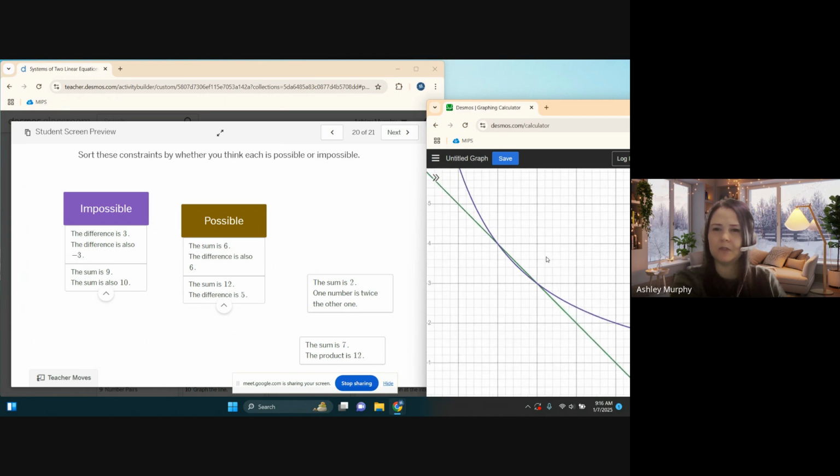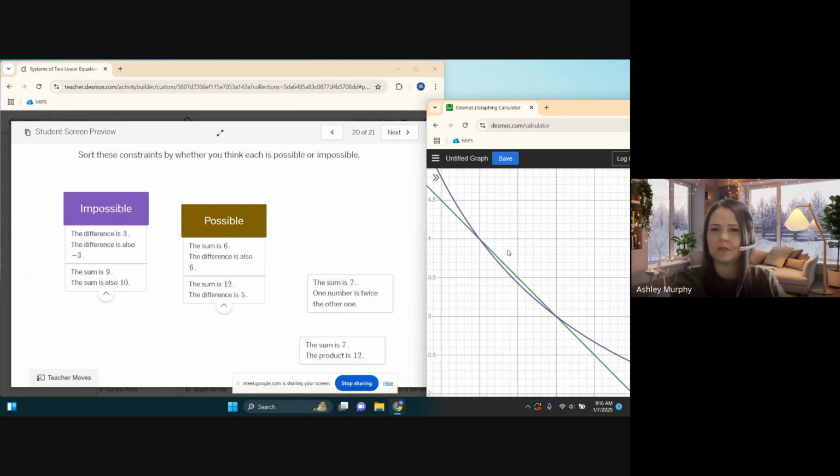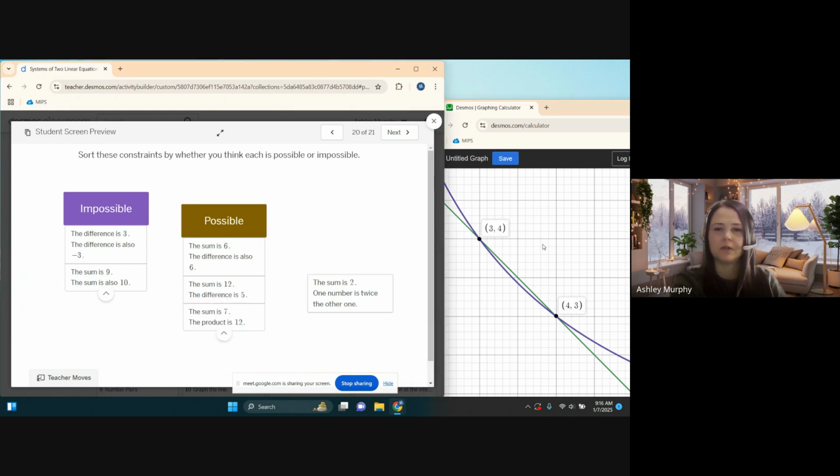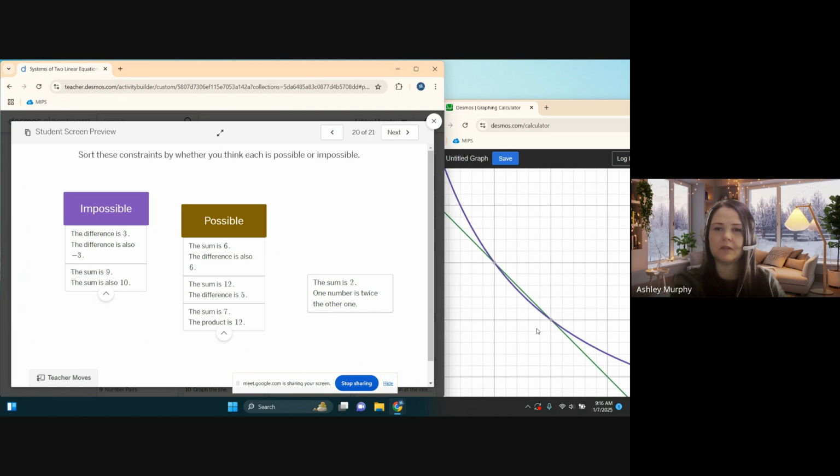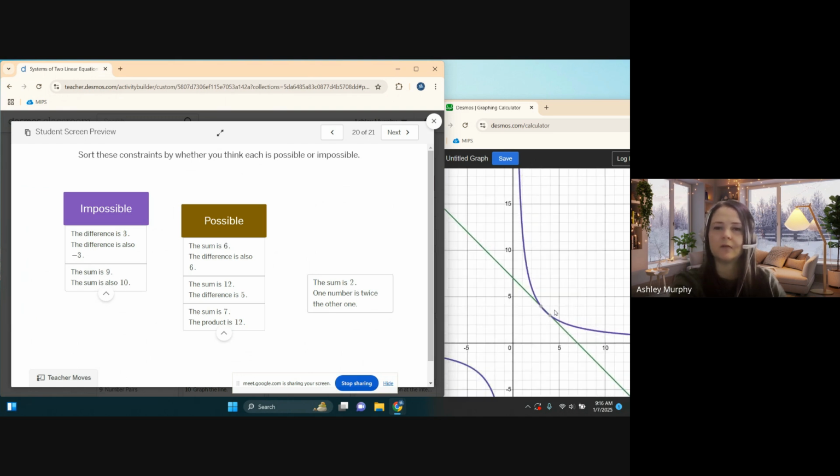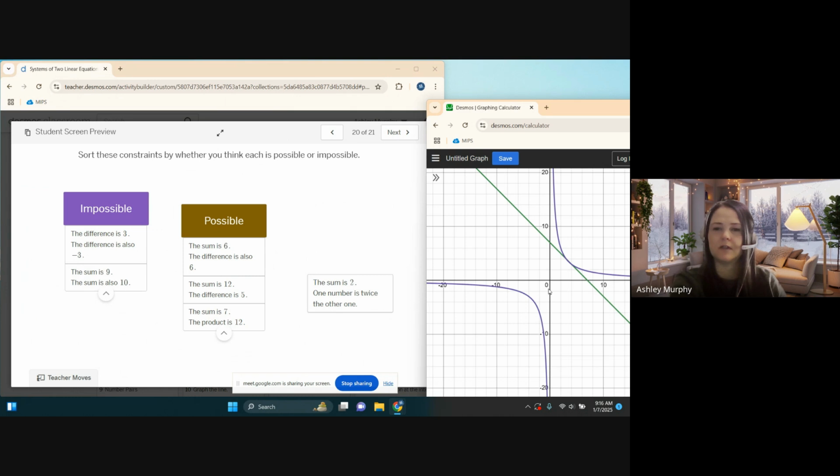And if we zoom in here, there's actually two different locations for solution. So 3 times 4 is 12. And 3 plus 4 is 7. 4 times 3, so it's just reversed. But this is possible because we're seeing some intersection points on the graph. That one's unique because the graph is not all linear.